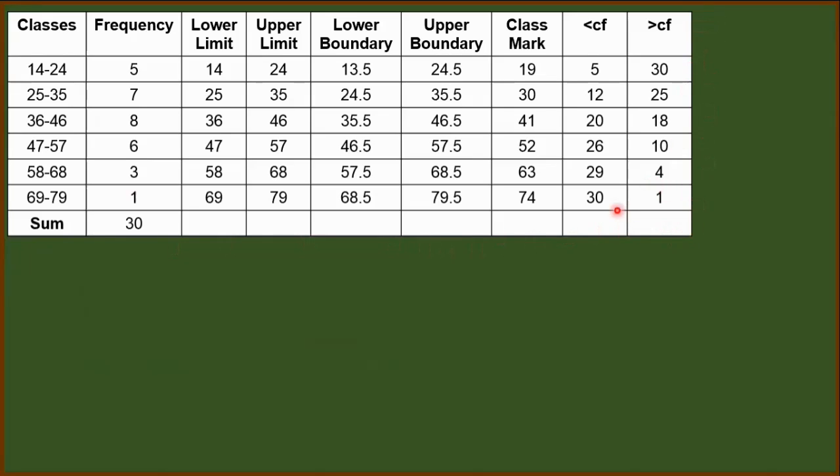We have to find the median using this formula. The first thing that we have to do is to identify N over 2. Here, N stands for the number of the data involved. In this case, we have 30, so we will use 30 divided by 2, or simply 15.